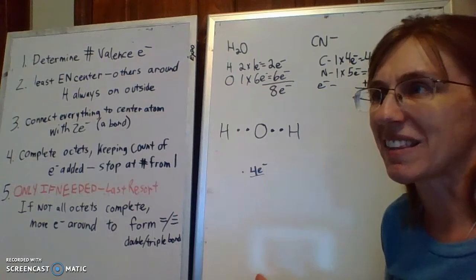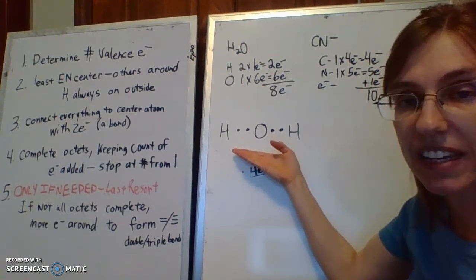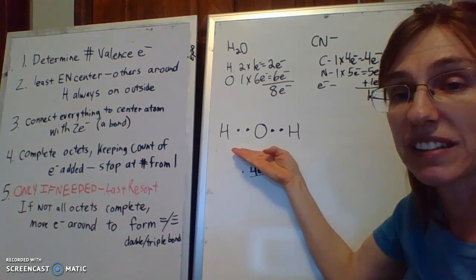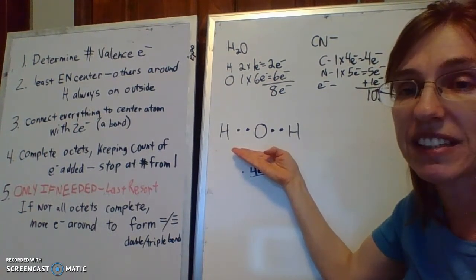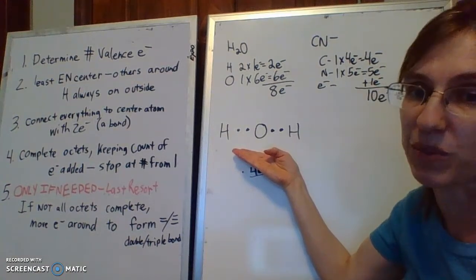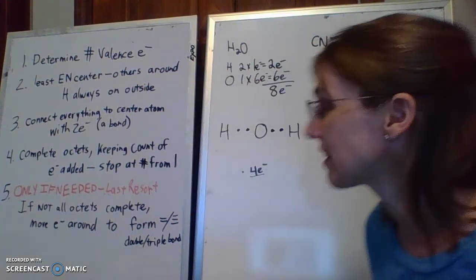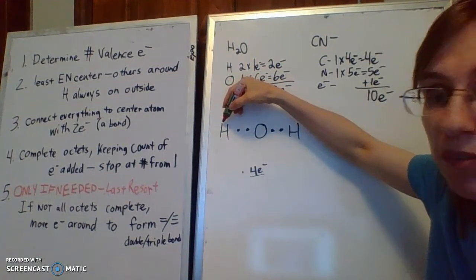Now, you might think, well, where do we start adding? Well, first we have to analyze what it looks like and see which ones have complete outer shells and which ones don't. Remember the octet rule. Everything needs 8 in its outer shell except for hydrogen, which is 2. So let's go ahead and check these guys. We've got hydrogen. We'll count up the electrons available for hydrogen.